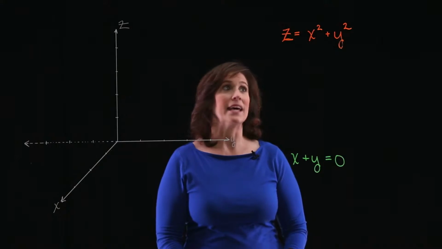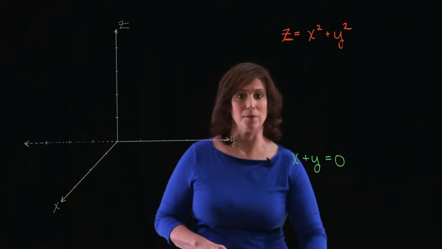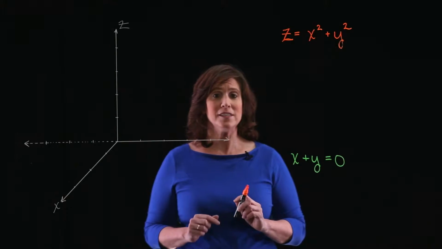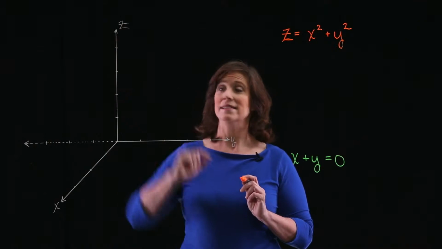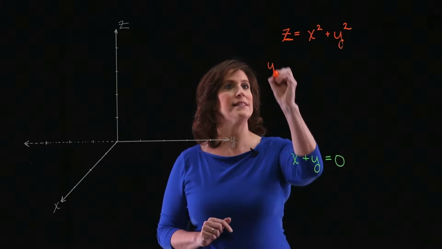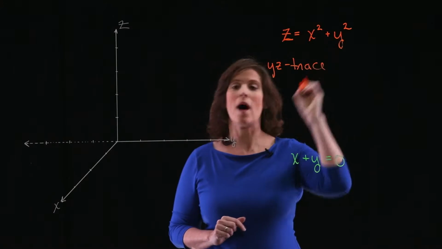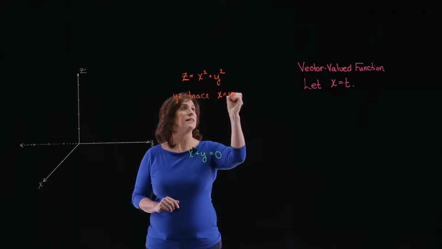Okay, let's begin by getting the surface z equals x squared plus y squared. I'm going to use traces to help me get this. The first thing I'm going to do is get the trace in the YZ plane. For this particular YZ trace, I'm going to let x equal 0.